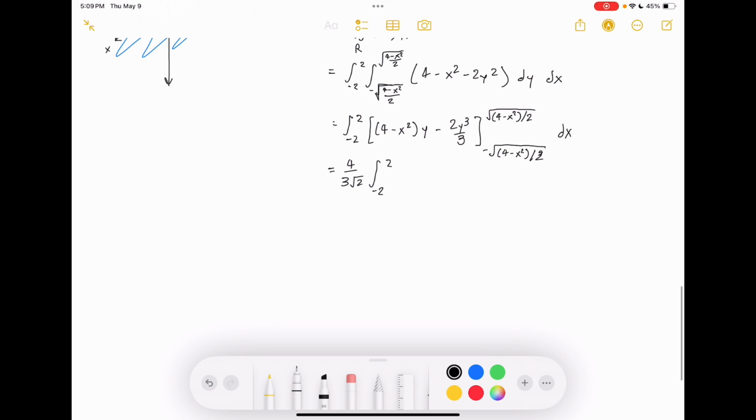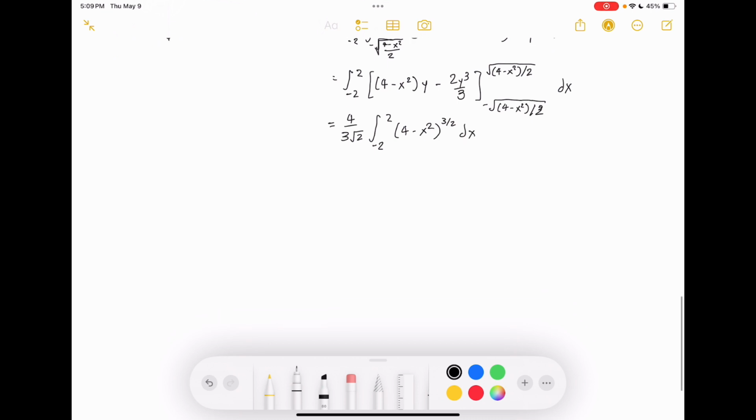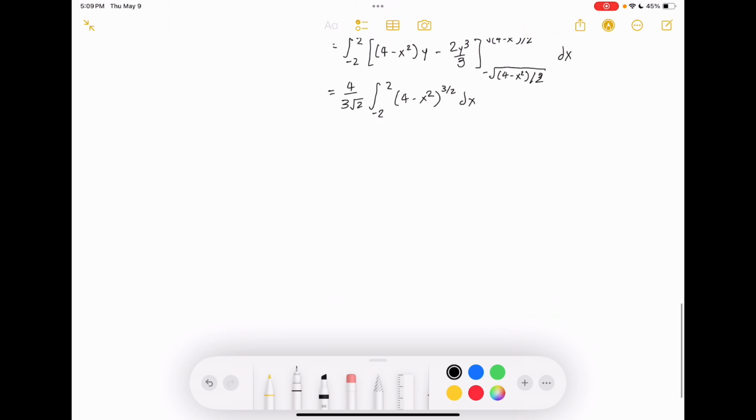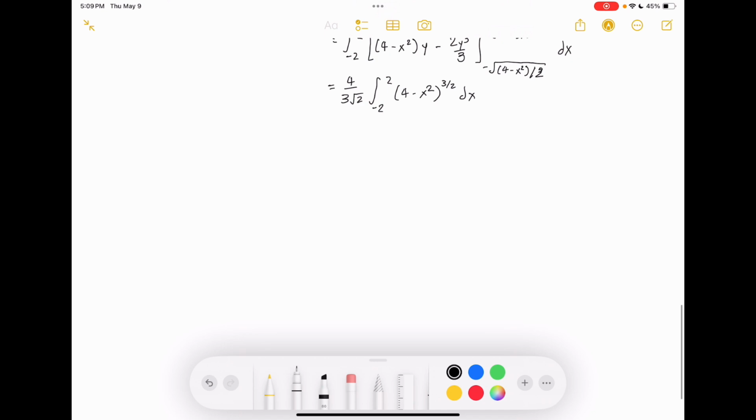Inside it's going to be 4 minus x squared, I recall, to the 3 halves, with respect to x. Yeah, that checks out.